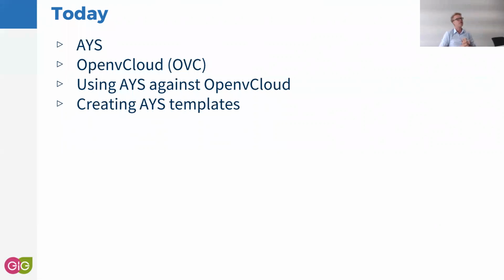I will then explain how you can use these APIs, for instance, from within a Python interactive shell. This is important because, as you will see, we will be using At Your Service blueprints to also talk to OpenV Cloud.